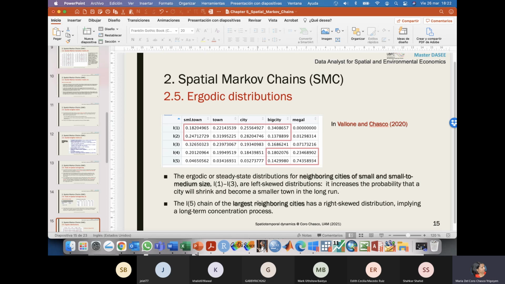But what happened with the largest neighboring cities? If they are surrounded by also larger cities, when they are a big city surrounded by large cities, it is right skewed. So the probability of going up or staying large cities is the highest, which implies a long-term concentration process. So what would we expect for Chile in the very future, in the long run?